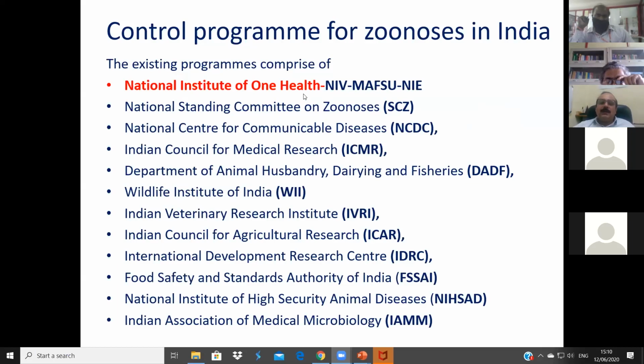Initially, it was to be called the National Institute for Zoonosis. It is run by NIV, and MAFSU, the Maharashtra Agriculture University in Nagpur, and the National Institute of Epidemiology, MGMS, is a partner to that. And there are many other agencies working on One Health in India.